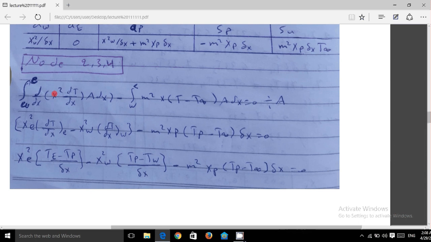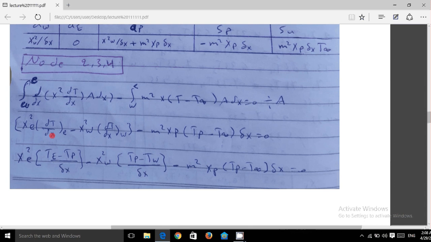I will integrate it by dividing by the area: x squared east dT over dx east minus x squared west dT over dx west minus m squared x.